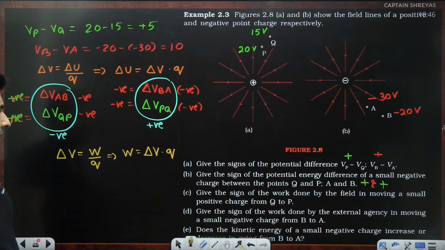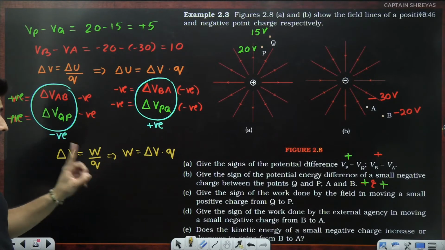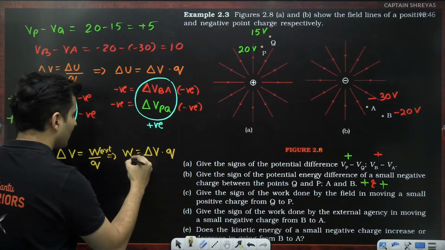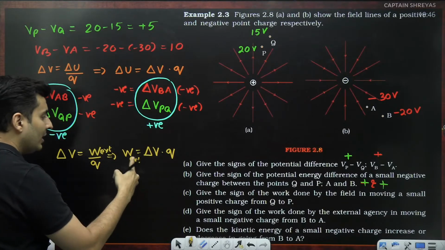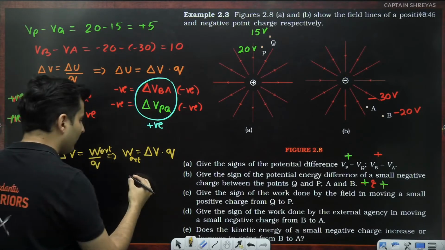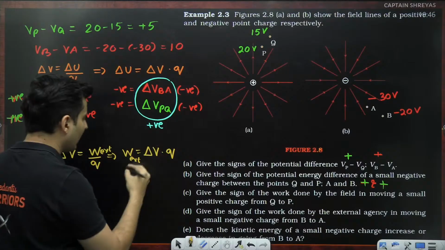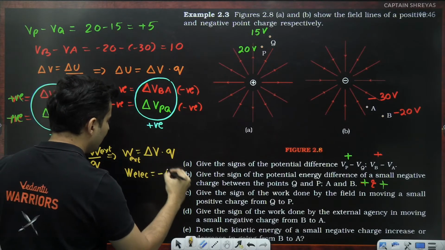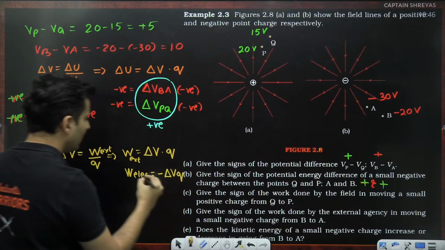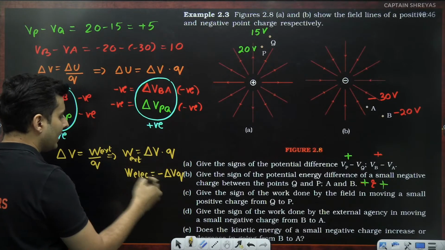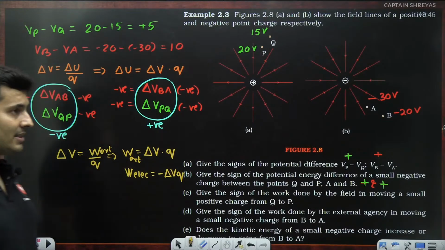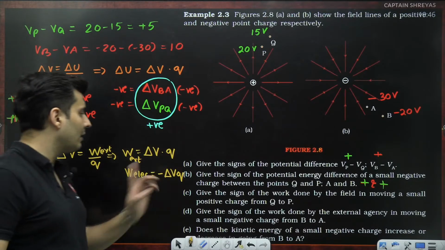Now this work done is always external work done. We know external work is negative of the work done by the electric field. So work done by electric field will be exactly negative delta V into Q. This was external, this is electric, that's why the minus sign has come. You have to be very careful with the signs, guys.